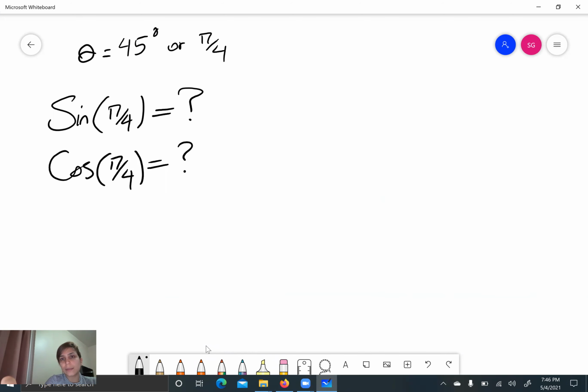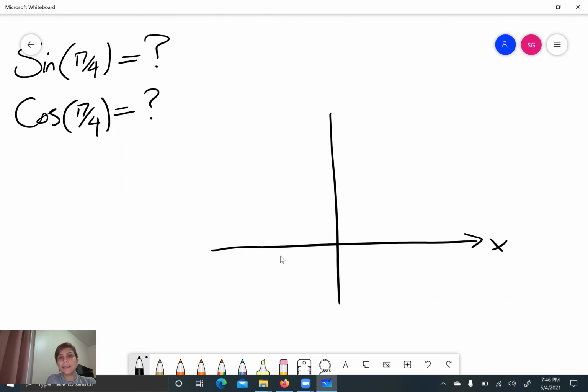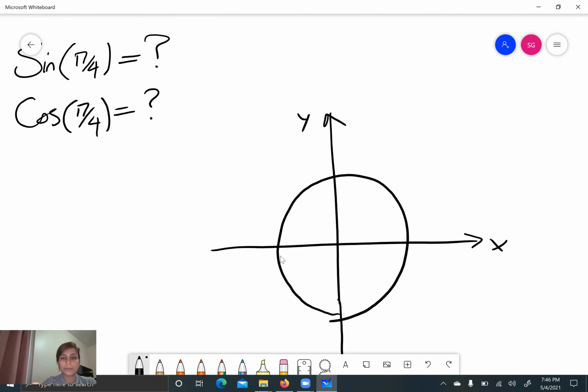Okay, so let's first draw the angle. Suppose this is the x-axis, y-axis, and then draw a circle, right?